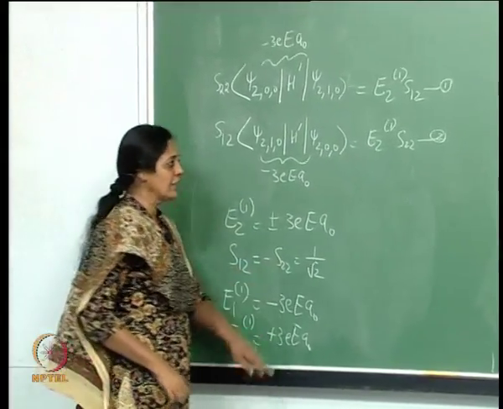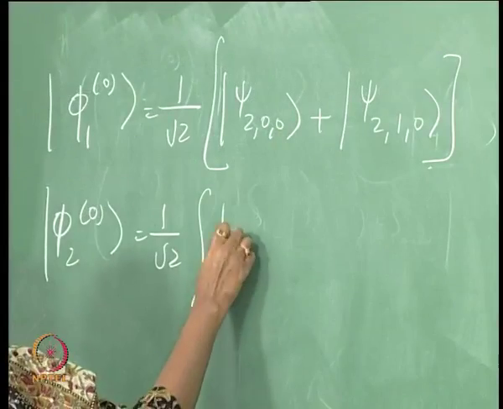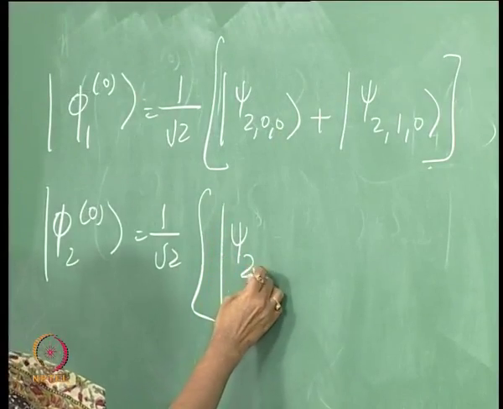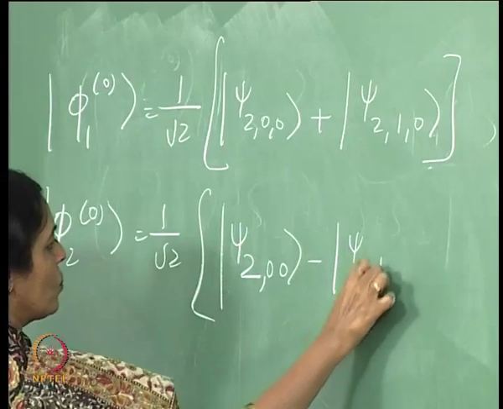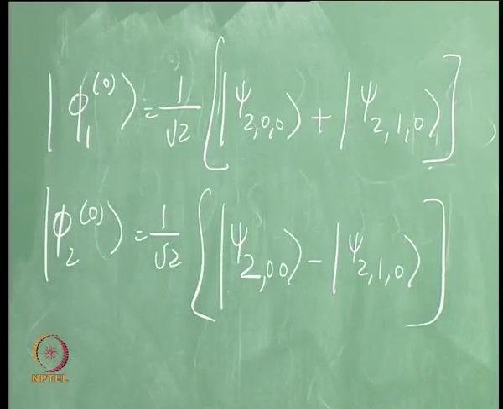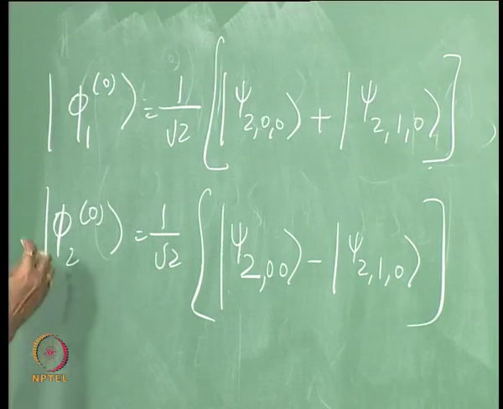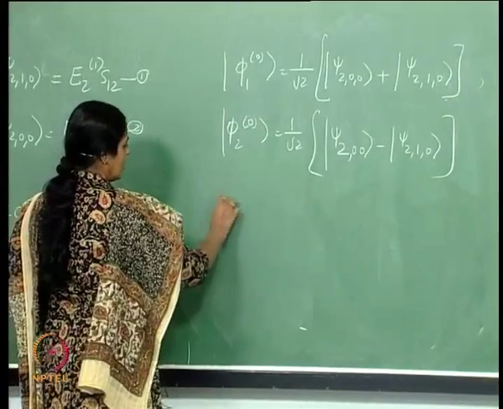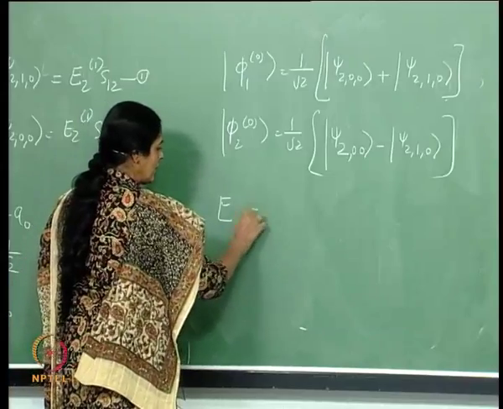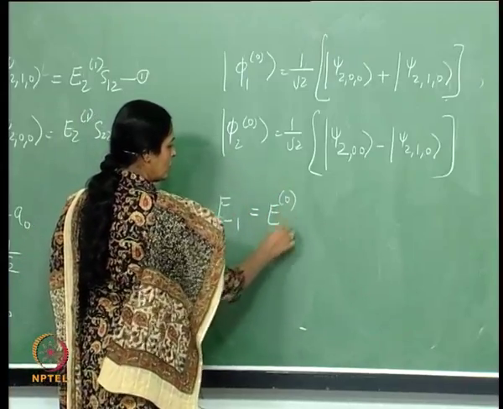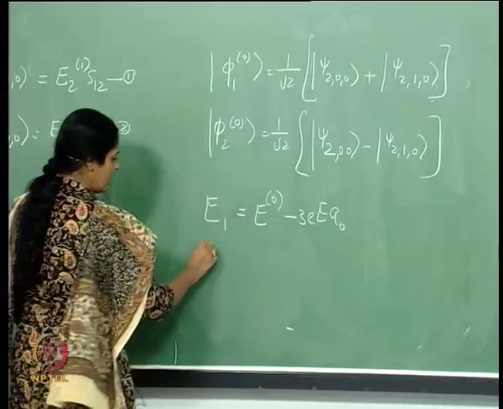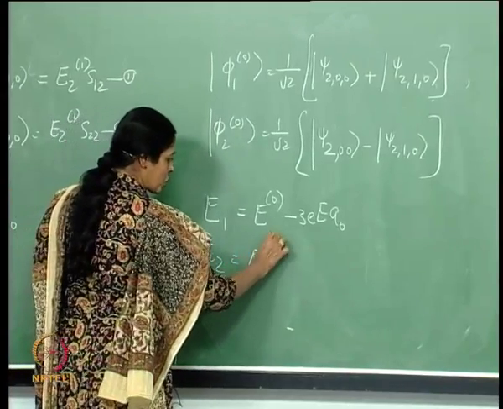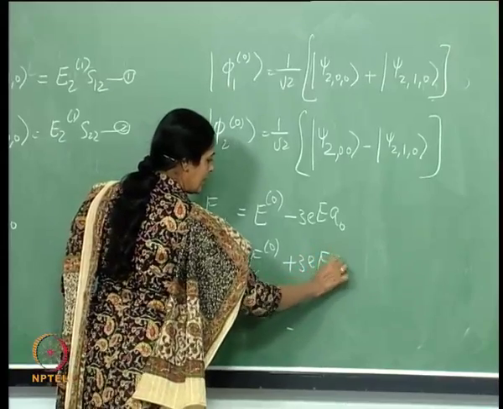Remember, there is a relative negative sign here: psi 2 0 0 minus psi 2 1 0. This is what I have. The corresponding energies, therefore, to first order: the energy E1 is E0, which was common to both states, minus 3eA0, and E2 was E0, which was common to both states, plus 3eA0.